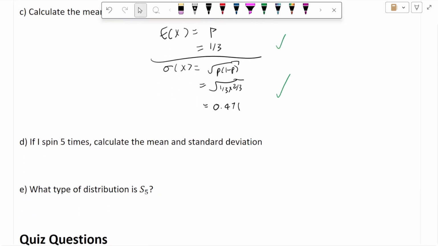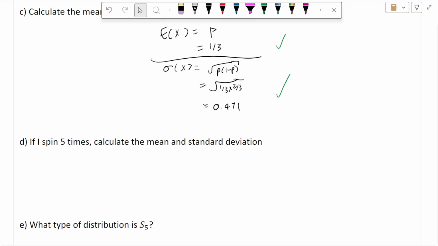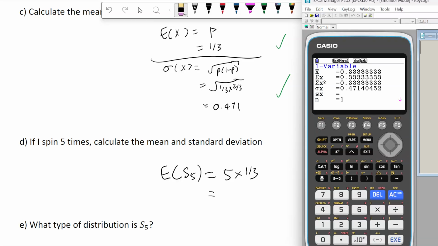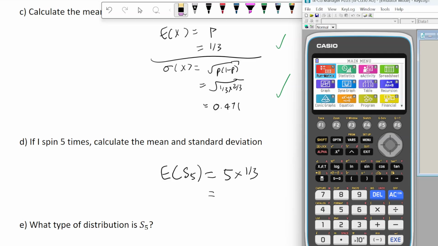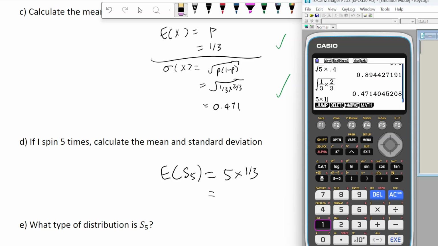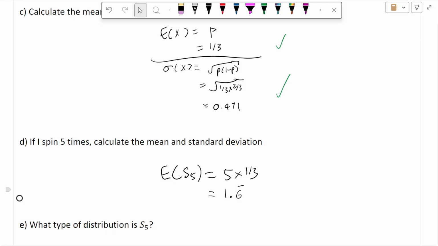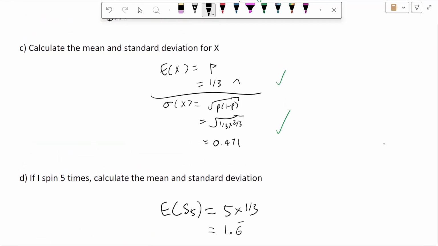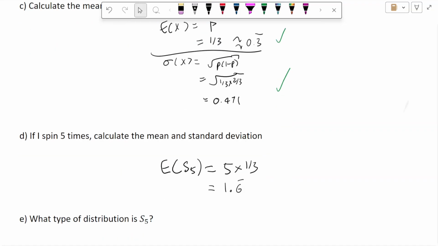If I spin it 5 times, calculate the mean and standard deviation. So the expected value of S5 would be 5 times 1/3, right? 5 times 1/3, 1.6, I reckon. Good. So 1.6 recurring. And I guess since I gave the other one as decimal, I'll keep this one as decimal as well.